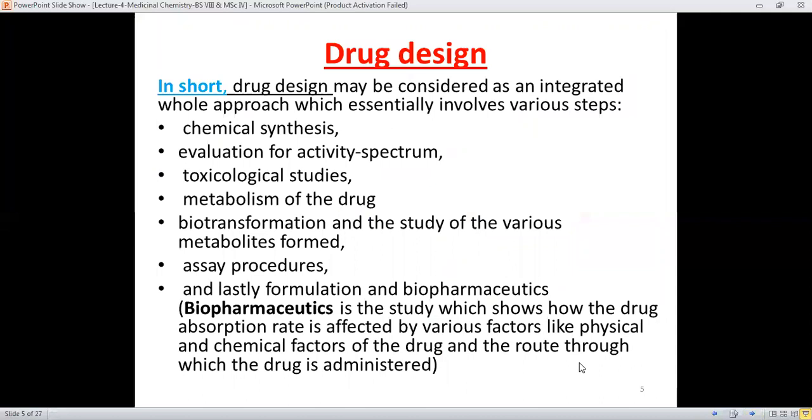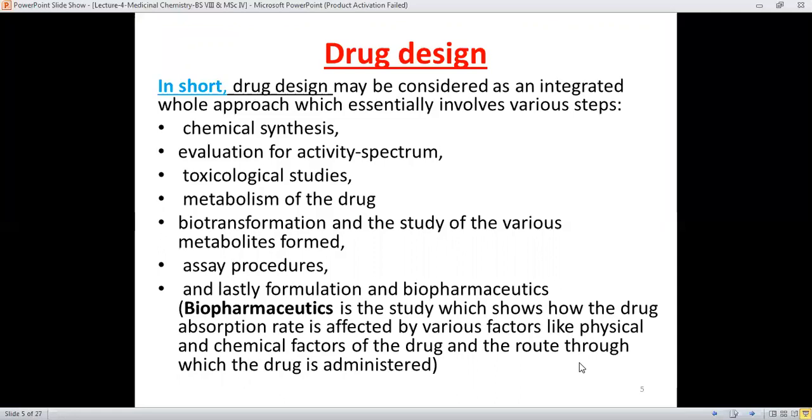Before discussing molecular modeling, you must know about drug design. What is drug design? In short, drug design may be considered as an integrated whole approach, which essentially involves various steps. Among these, the first important step is the chemical synthesis of the drug molecule.